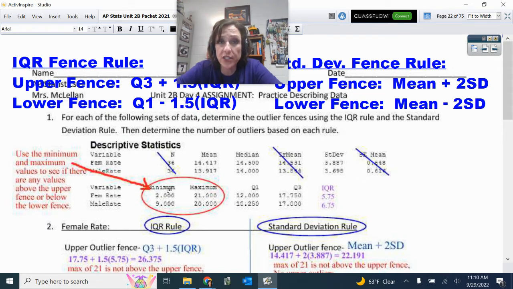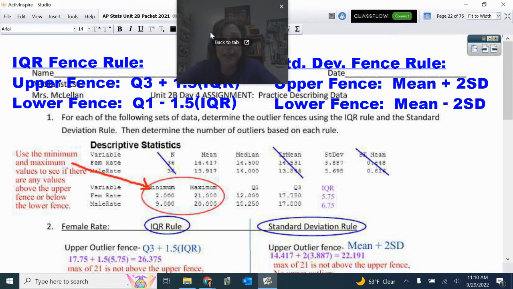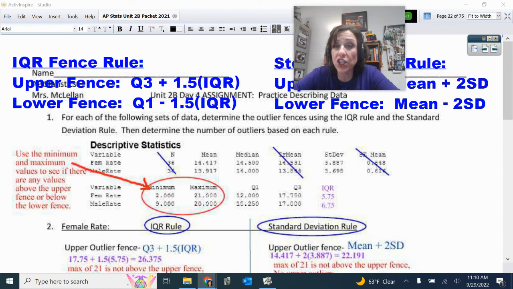On the next row, you see we are given the minimum and the maximum values in the data set. And then Q1, which is your quartile 1, and your Q3. So you will use those. Then I came over here and calculated what the IQR is, because I know if I'm going to use the IQR fence rule, then for my upper fence, I've got the Q3 plus 1.5 IQRs and the lower fence Q1 minus.